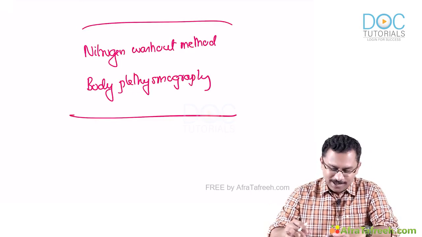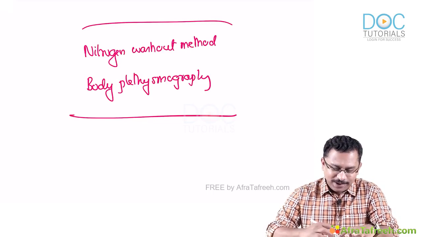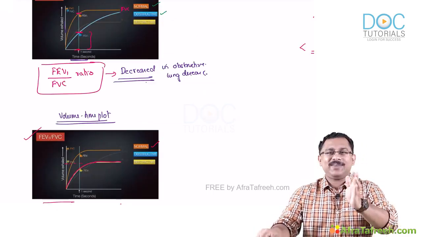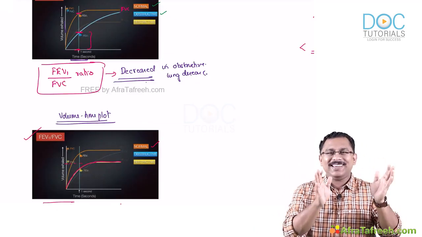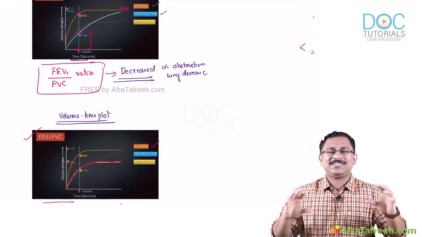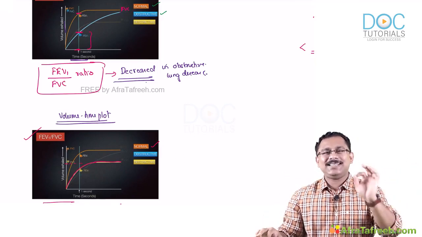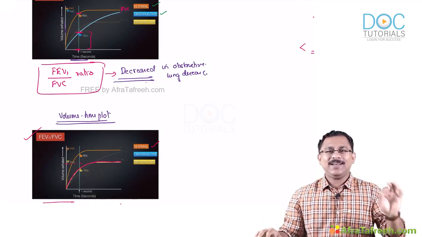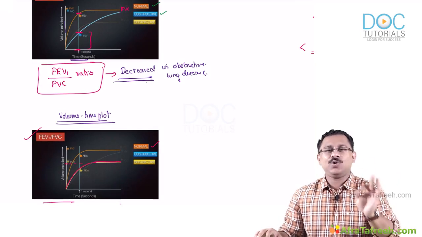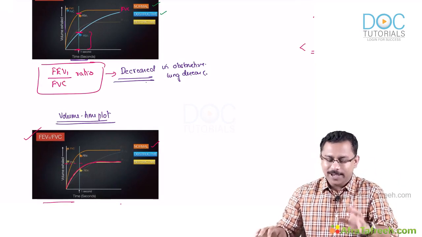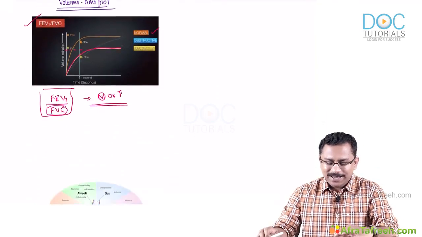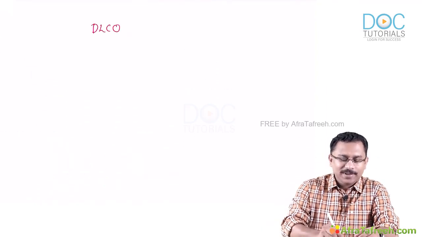Okay, coming back. So far, let's try to see where we are. We have seen the volume time plots and the differences between the obstructive lung disease and restrictive lung disease, and we have seen the FEV1 to FVC ratio as well. Now, just a mention of DLCO. What is DLCO?